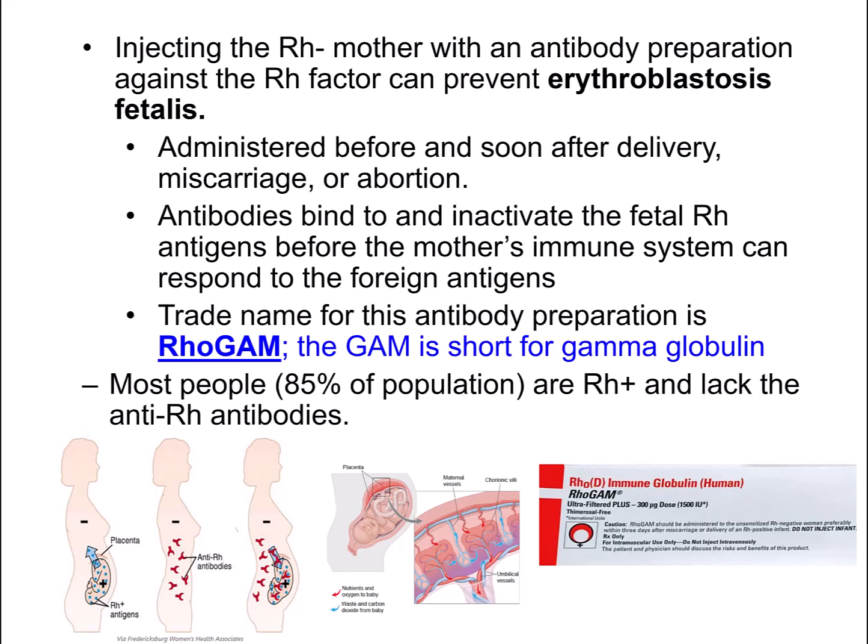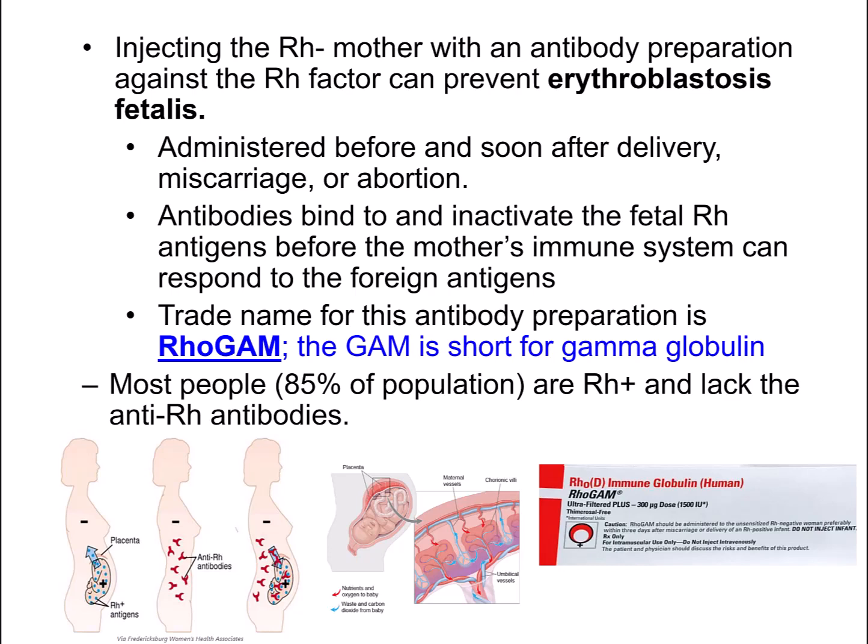As I said, most people, about 85% of our population, are Rh positive and lack the anti-Rh antibodies. So this can potentially only happen when you have an Rh negative female carrying an Rh positive child.